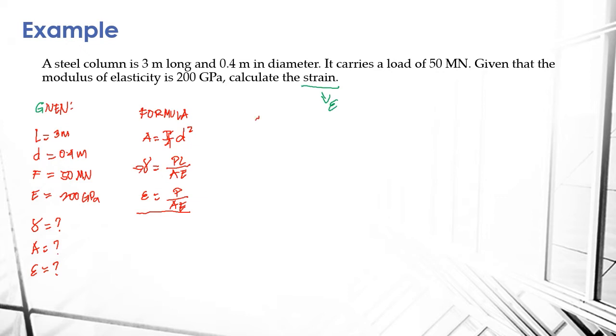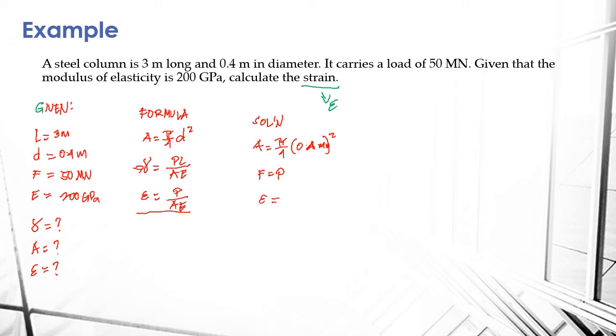So solution. First, quantum area. Area is equal to pi over 4 times ang diameter 0.4 meters squared. Sunod, F or ang force niya is equal to P, kay wala man siya lain load i-carry kundi katong 50 meganewtons. So, diretso na ta sa epsilon or ang iyang strain.